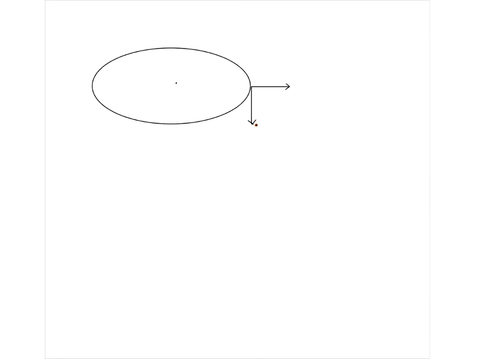Mathematically speaking, T would be 2 pi root L over G effective, where G effective is under root of G square plus A square. What is A here?